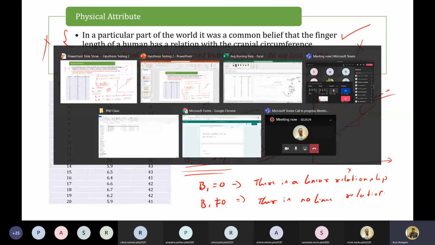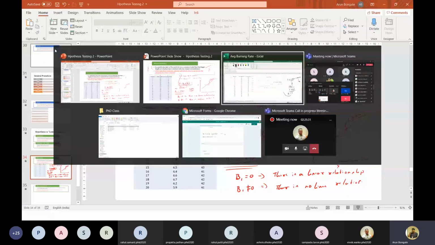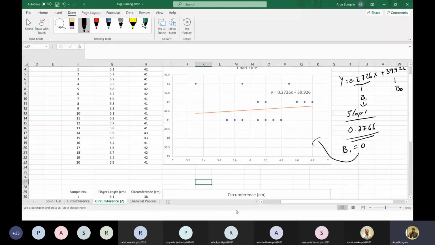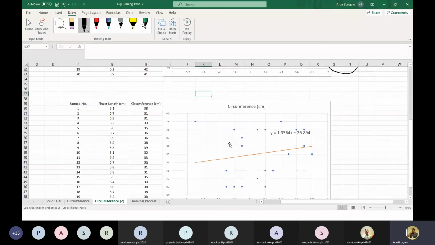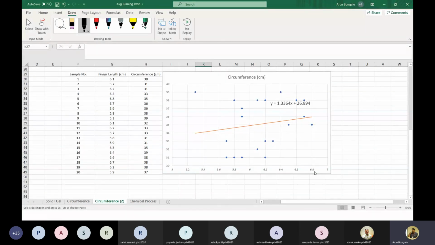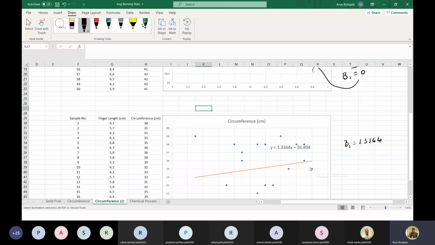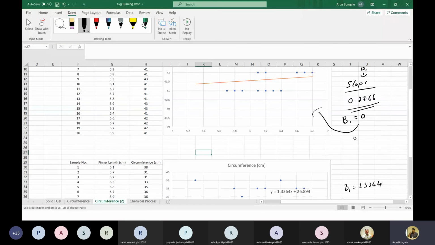Now if you have one more, see, I have varied the values again, and in this case I am getting the value of B1, the slope, as 1.3364. And in this case the value of slope B1 is 0.2766.